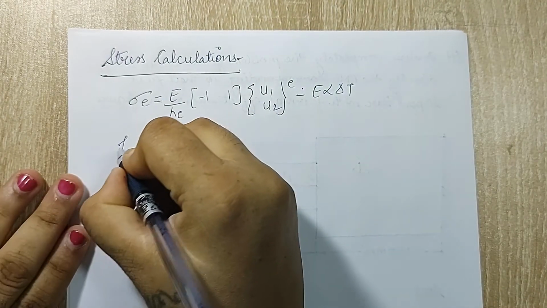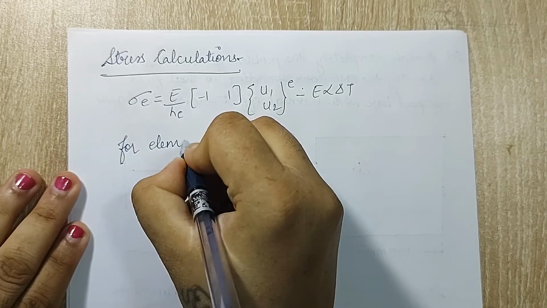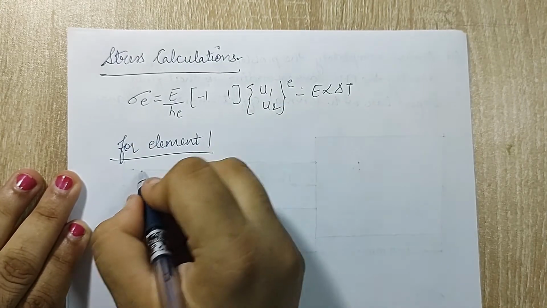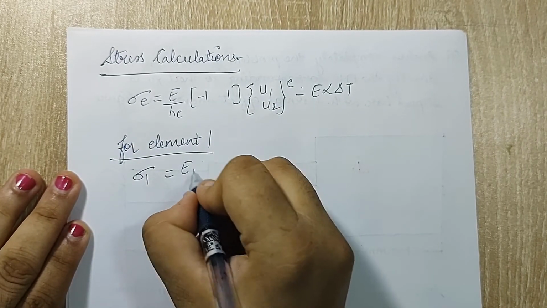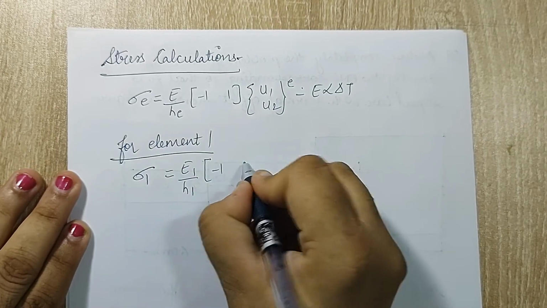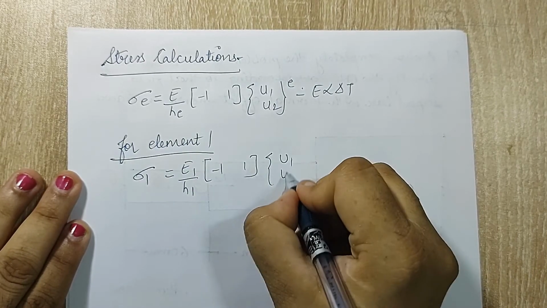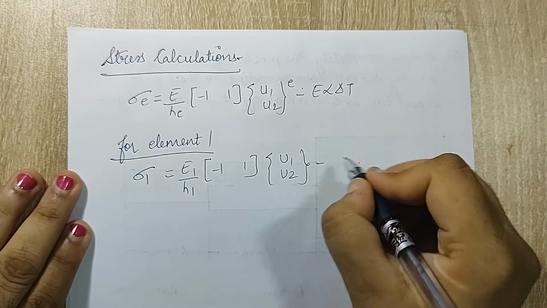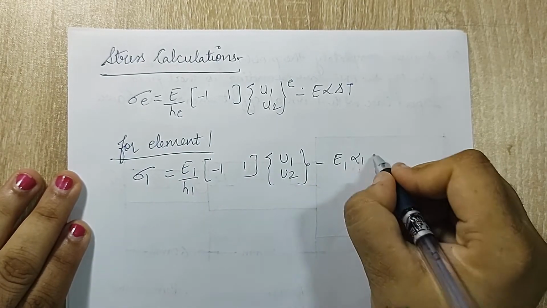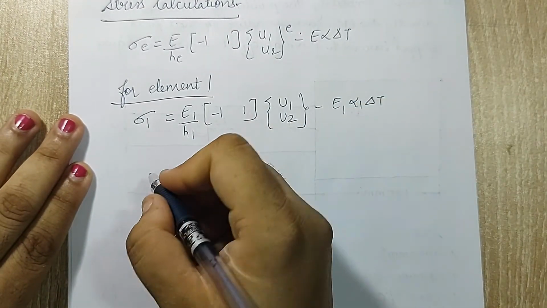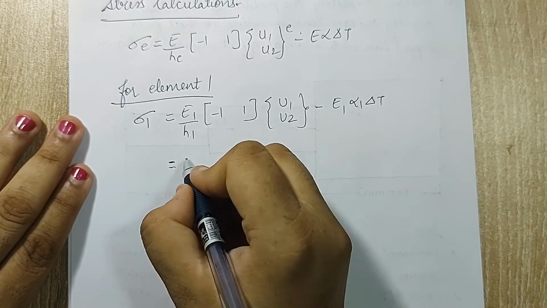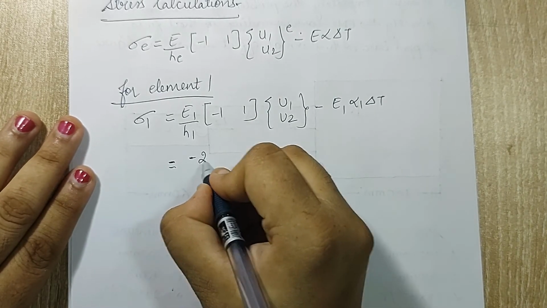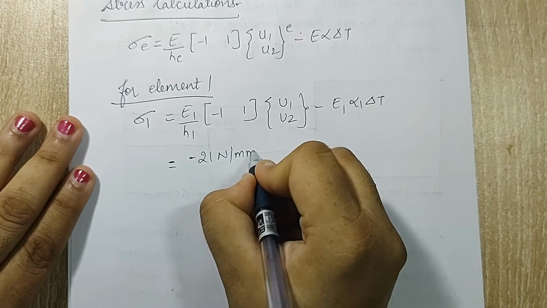Now for element 1, this will be sigma 1 is equal to E1 upon H1 into minus 1 1 into U1 U2 minus E1 alpha 1 delta T. So when you solve this, you'll get the value as minus 21 Newton per mm square.